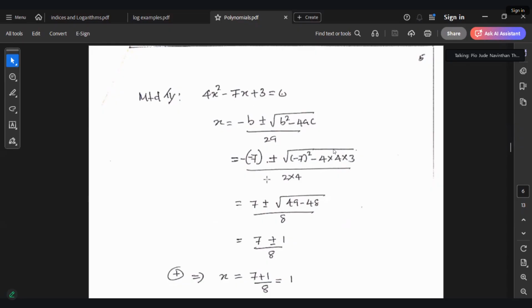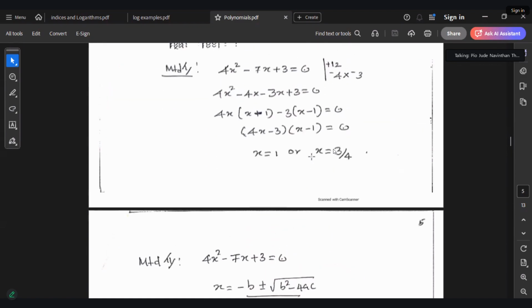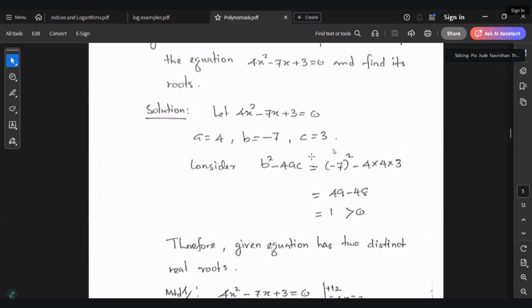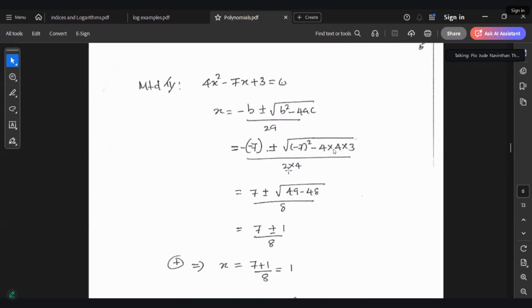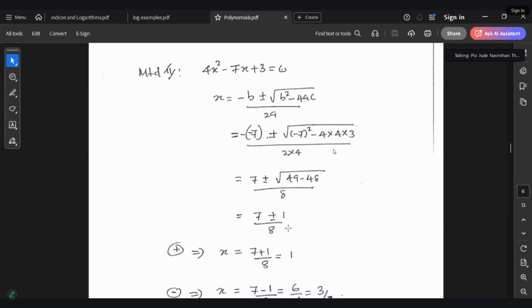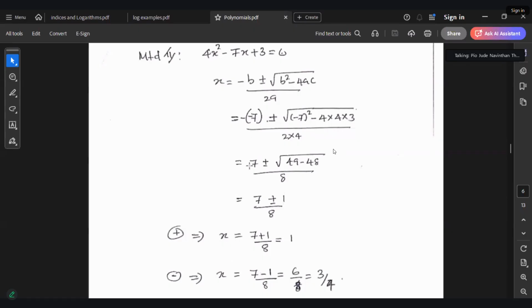And b is minus 7. Plus or minus root of b square minus 4ac, which you already got; here we found that value, 1. So we need to put root 1. Root of 1 is 1. So minus into minus is plus 7. 7 plus or minus 1 over 8.